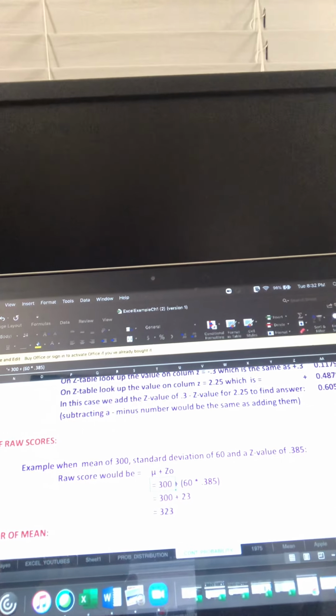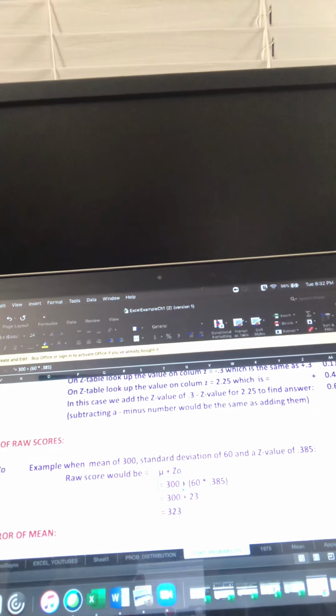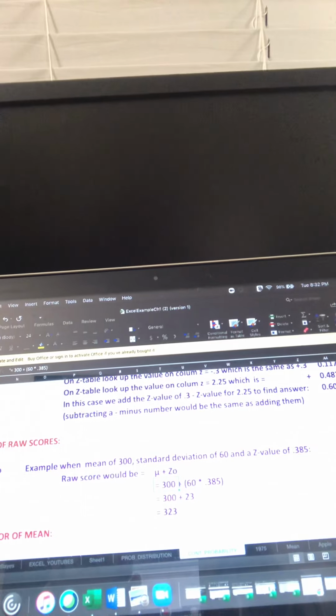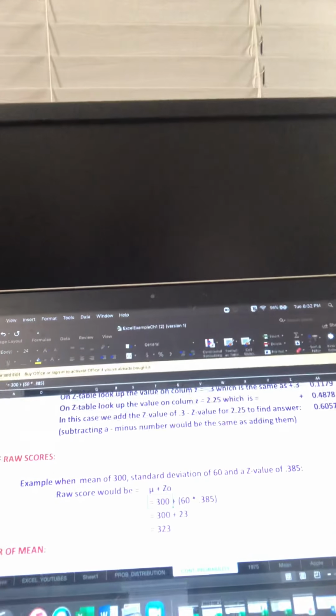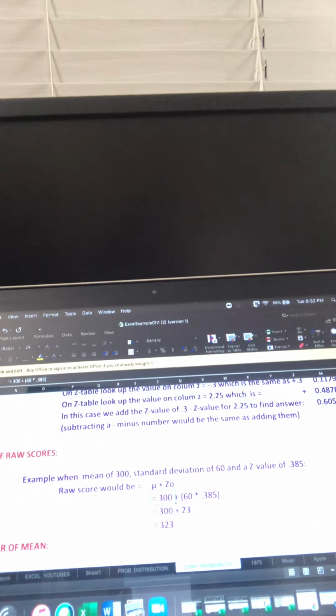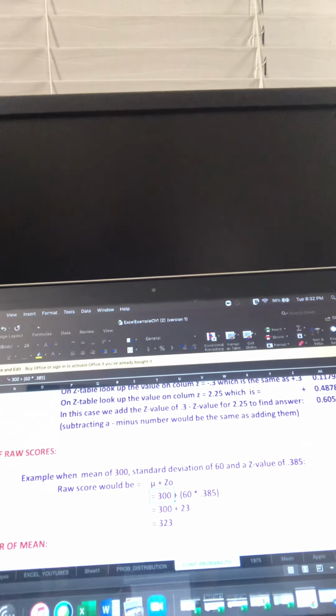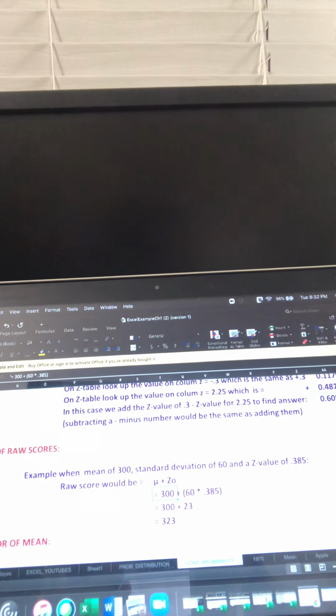In this case, then, we would take the mean 300, we would add it to the standard deviation of 60 times the z value of 0.385, which was given in the question. That would equal 300 plus 23, so the final answer for your raw score in this instance would be 323.